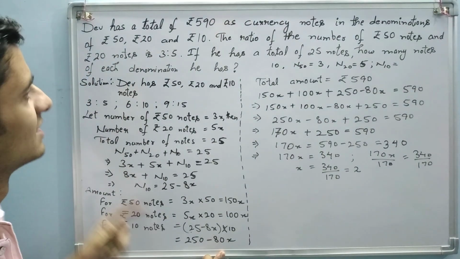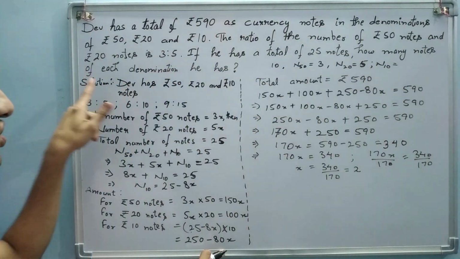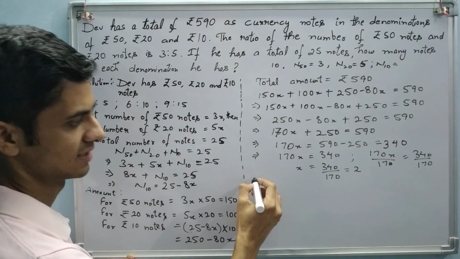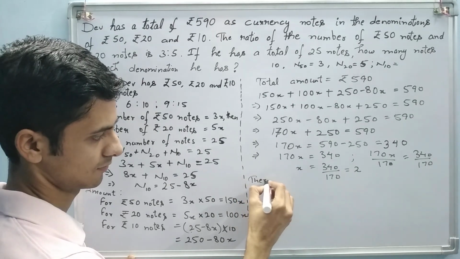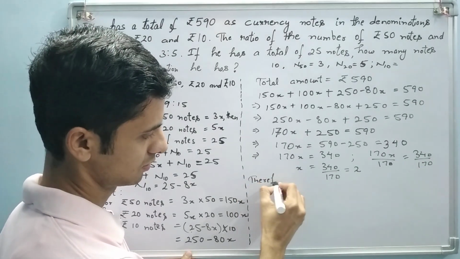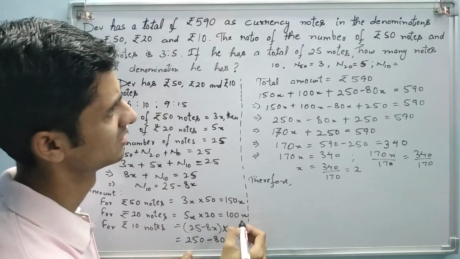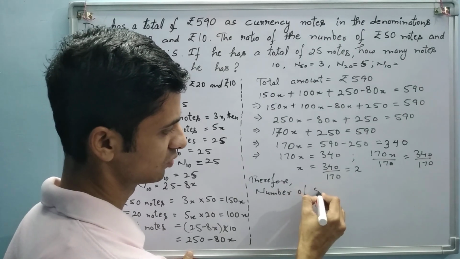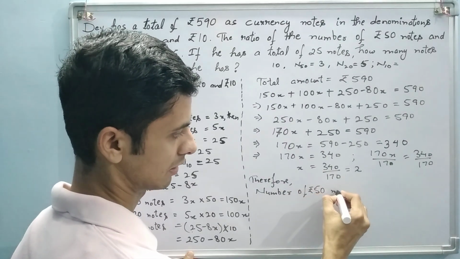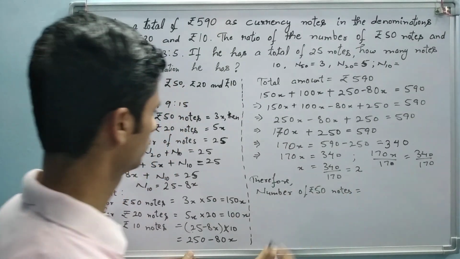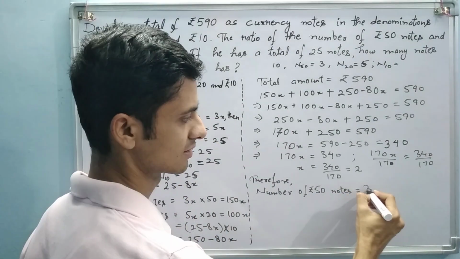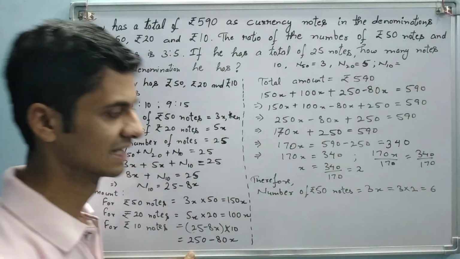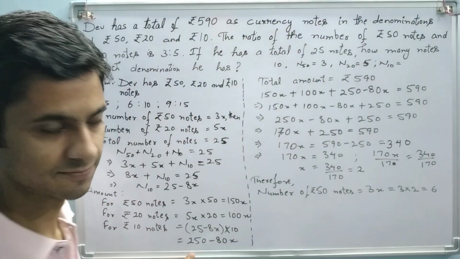So the question is, how many notes of each denomination does he have? Number of 50 rupee notes is 3x, which equals 3 into 2, which is 6. 3x means 3 multiplied by x.